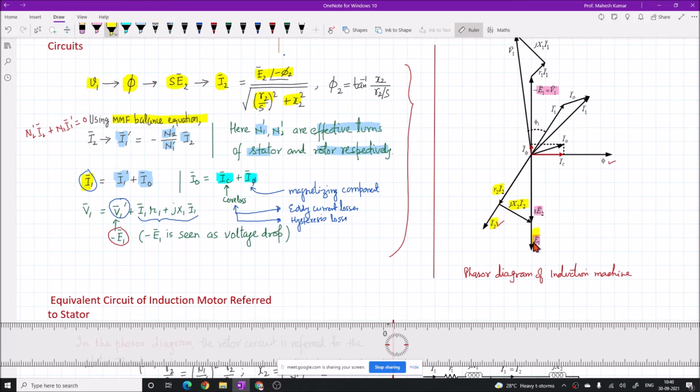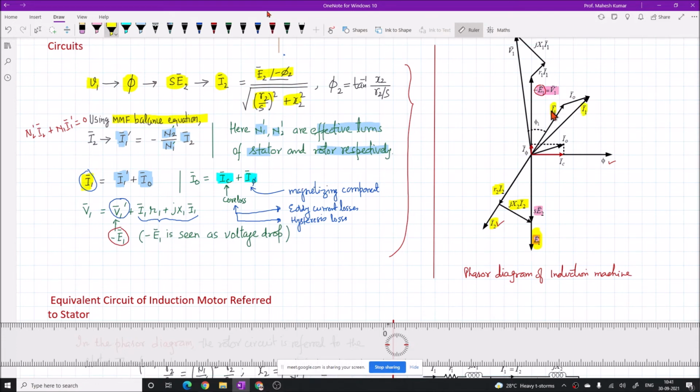Now E1 is reflected back in terms of V1 dash, minus E1, seen as a voltage drop, and this will then be added to the resistive and the reactive drop by finding the current I1. So I1 is basically the phasor sum of I1 dash and I0.